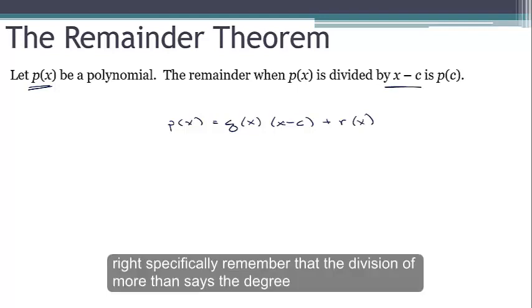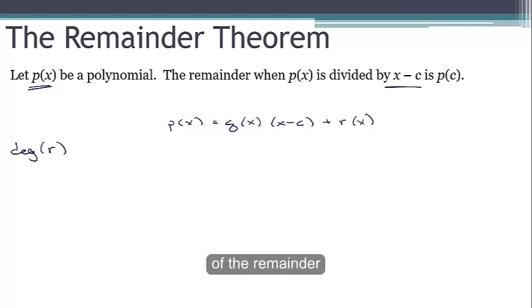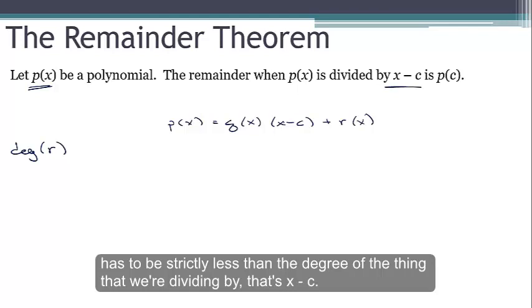Right, and specifically, remember that the division algorithm says the degree of the remainder has to be strictly less than the degree of the thing that we're dividing by. That's x minus c.